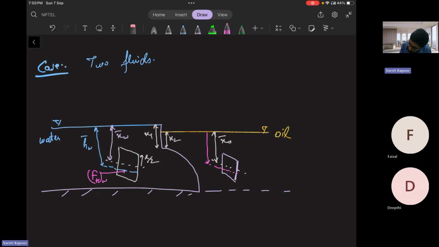And this is H bar of oil. And the pressure force will be in this direction from the oil. F horizontal of oil, not of water. Okay. All right. Again, this distance is R by 2. The projected area is same.